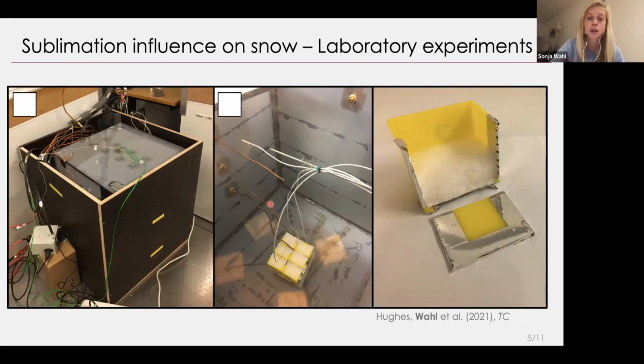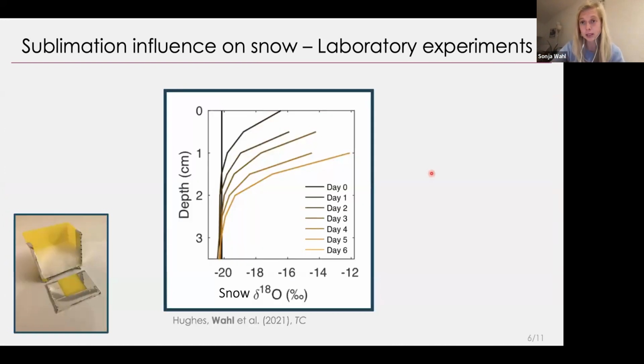And we put a lot of homogeneous snow samples with a homogeneous isotopic composition into this dry air chamber, where we circulated dry air to induce the sublimation process. And then every day we would take out one of these boxes, slice them up very thinly, and then analyze them for the isotopic composition. And the results of this experiment, you can see in this plot.